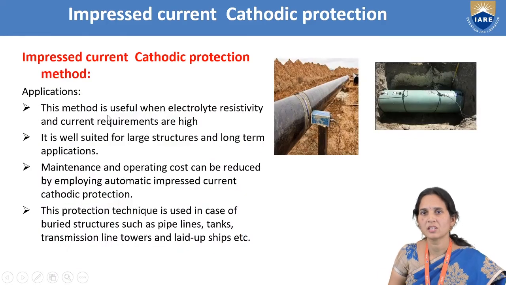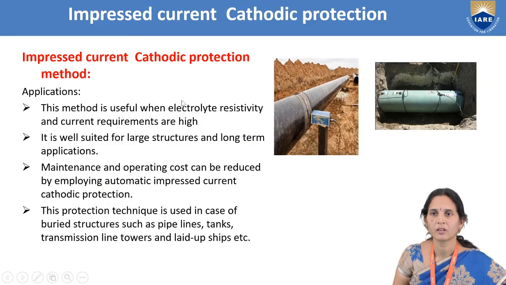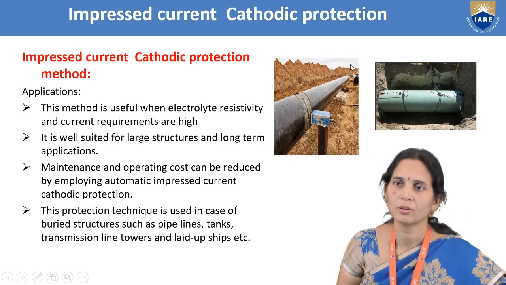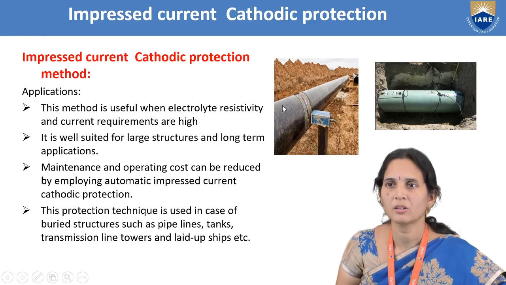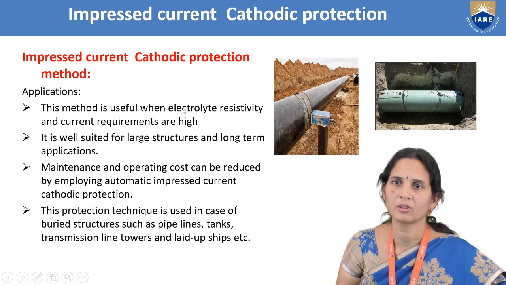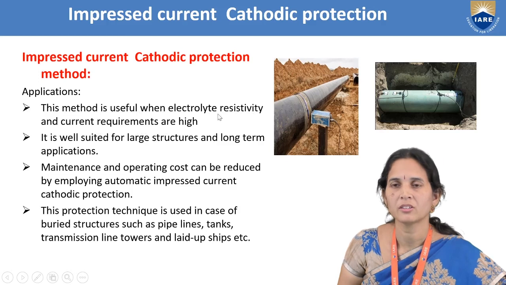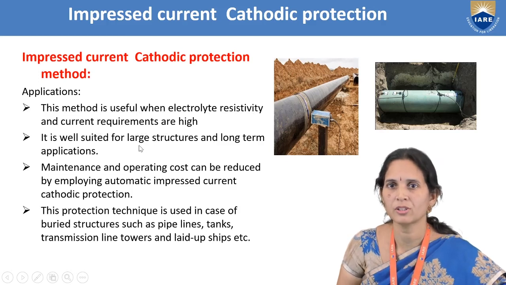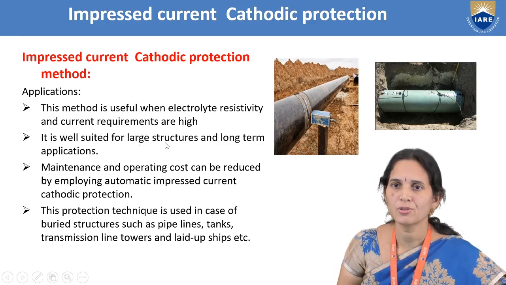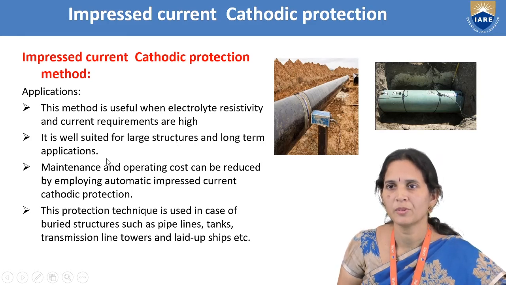Some applications: this method is useful when electrolyte resistivity and current requirements are high. For example, if you are taking a large pipe, we can use this method. It is suited for large structures and long-term applications.